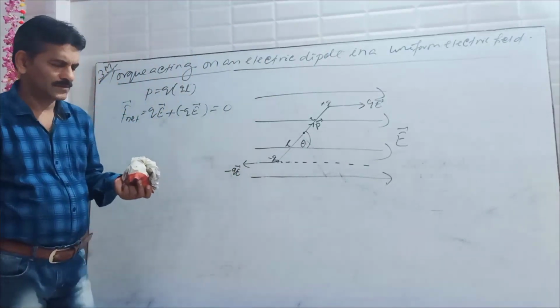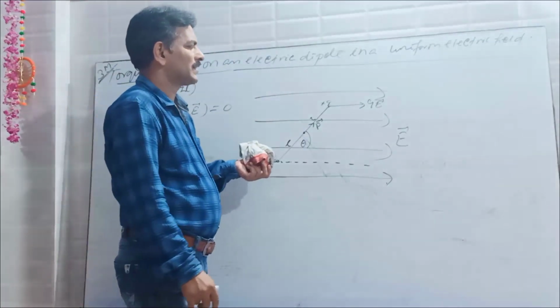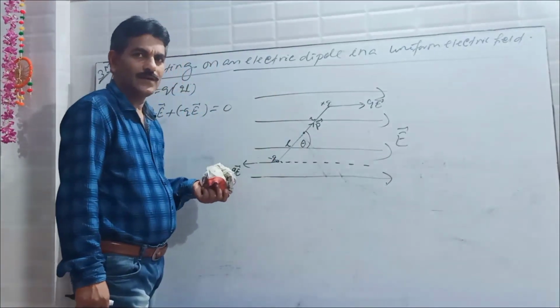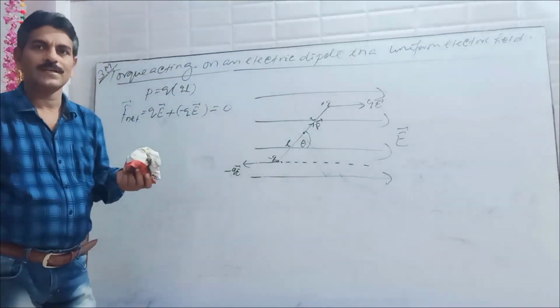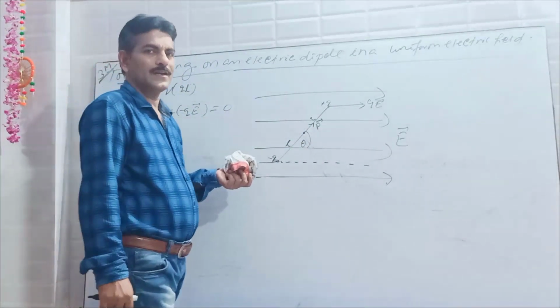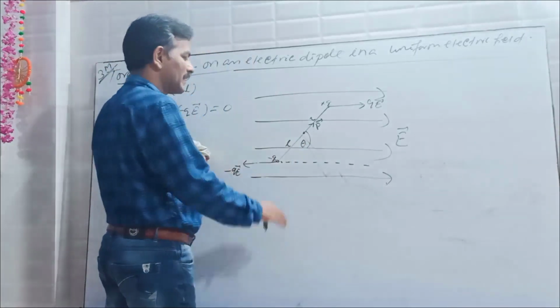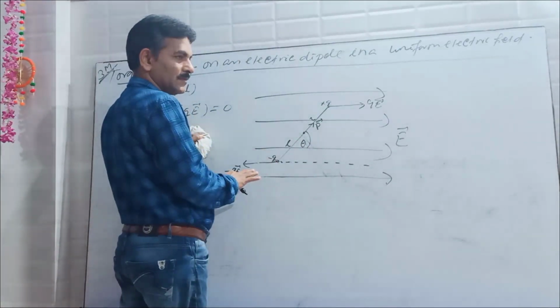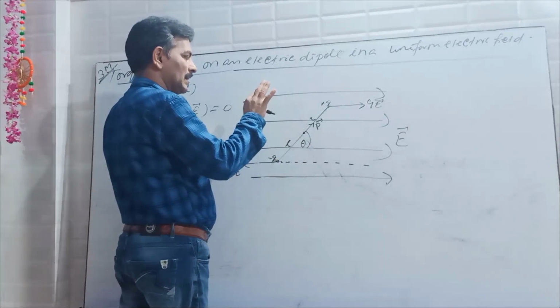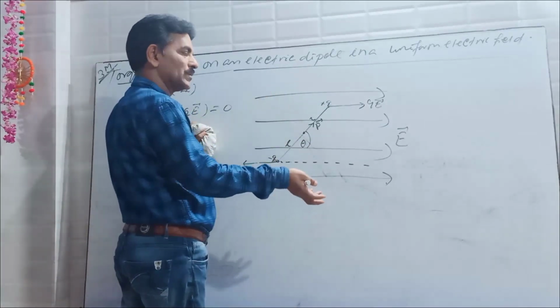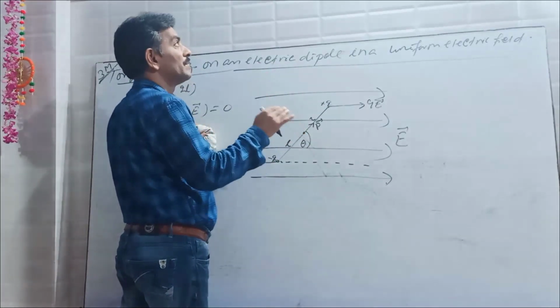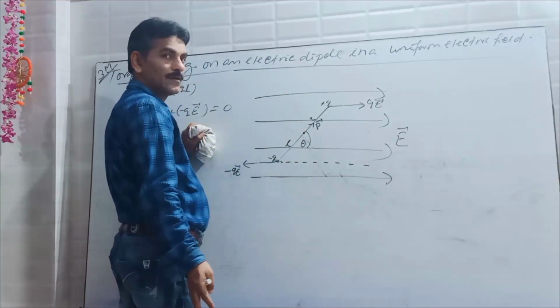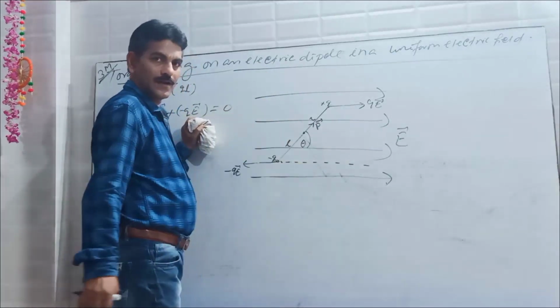I will discuss later why the torque tends to make it parallel, because at that position the potential energy is minimum and the system is stable.